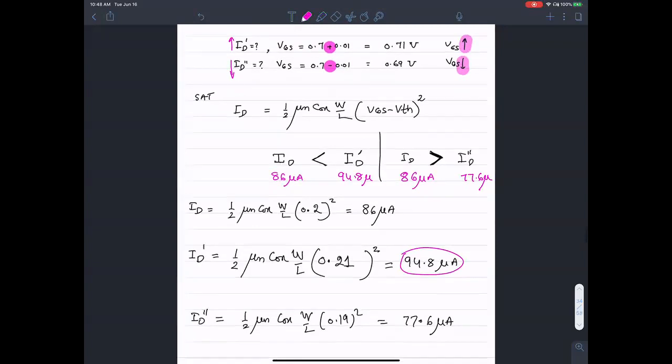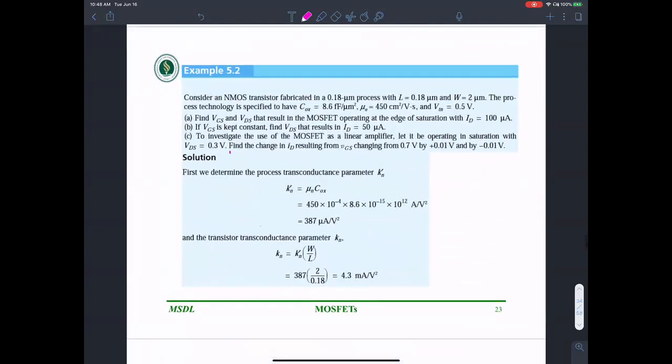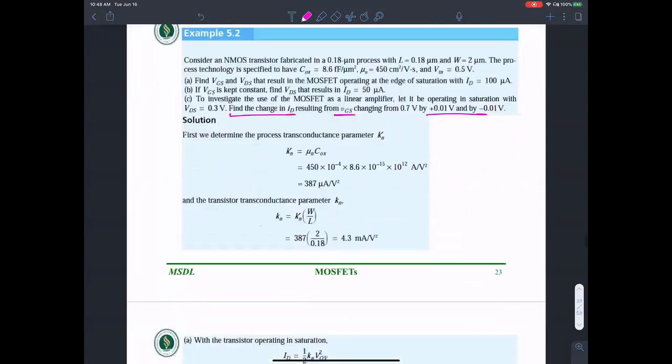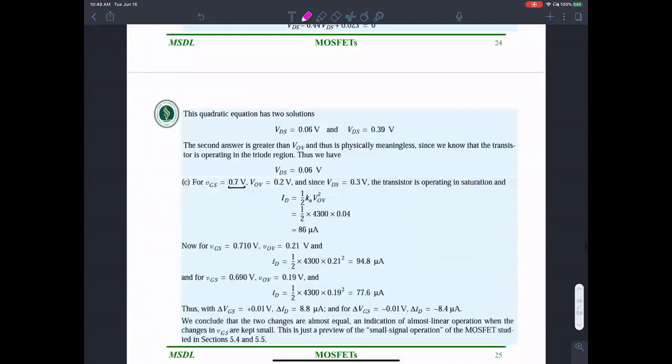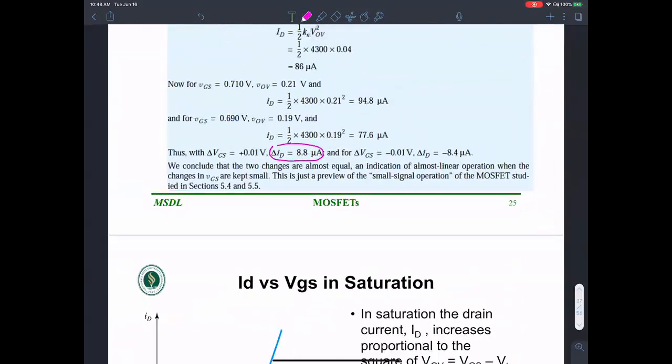Now we should be able to calculate the difference here. All we want is to find the change in ID resulting from this change. In one case, the change is an increase of 8.8 microamperes. So ID prime is higher by 8.8 microamperes. In the other case, there is a decrease by 8.4 microamperes.